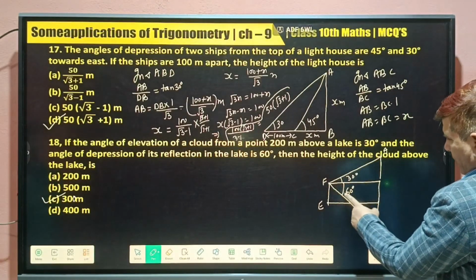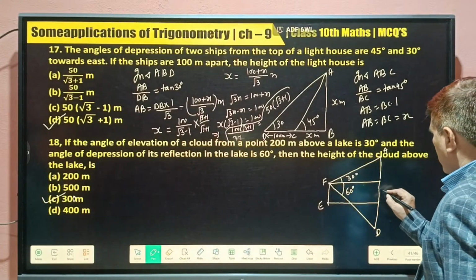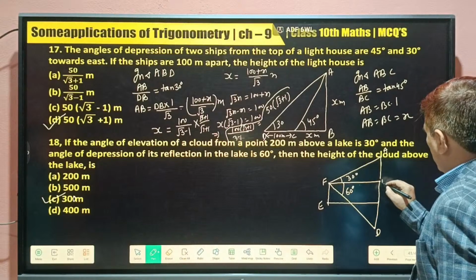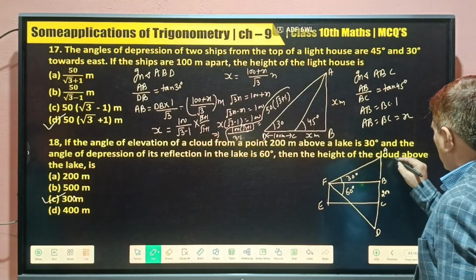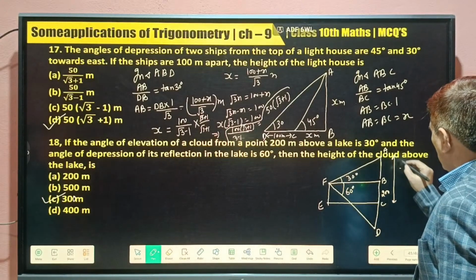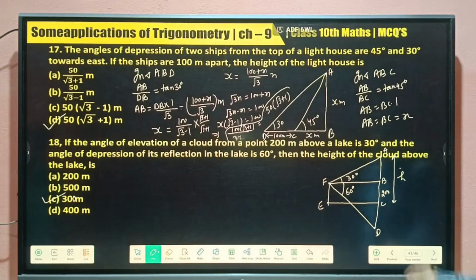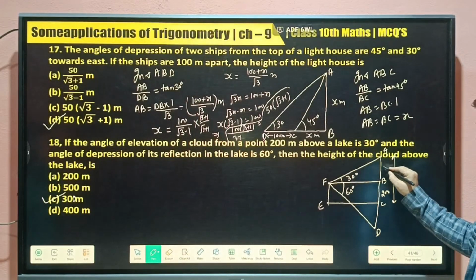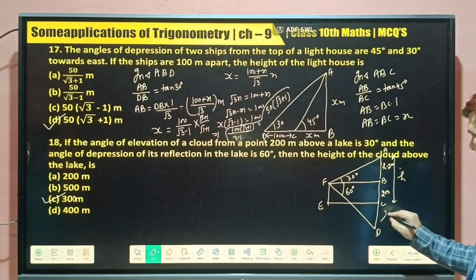Understood? The angle of depression is here. So this is 200, ABC. BC is equal to 200 and total AC equal to H. What is AB? AB equal to H minus 200. And this is H.